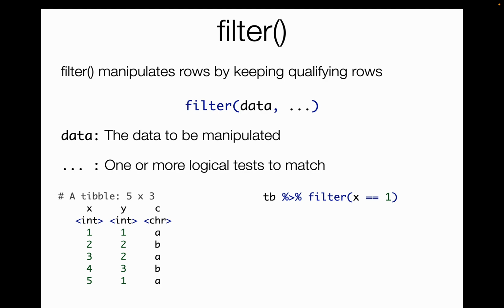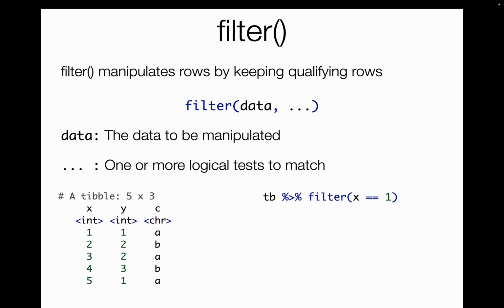Now, if we get past the pipe and we get to the part where we're in filter, x equals 1, notice it doesn't say x is set to be 1. Double equals tests for equality. And so it's going to pull out how many rows exist where x is 1.